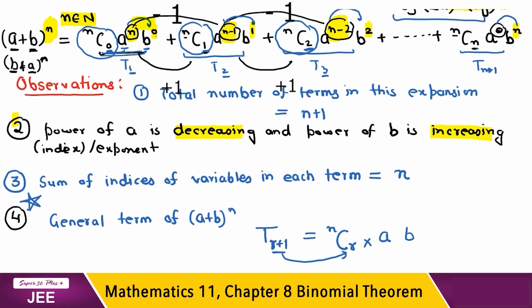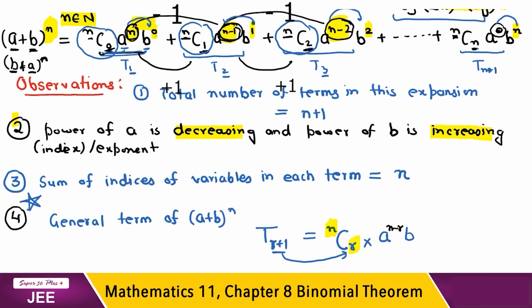As I already told you, what we write in the power of A is the difference of these two, that is, the difference of n and 0. In the second term, A raised to the power n minus 1, which is the difference of n and 1. In the third term, A raised to the power n minus 2, which is the difference of n and 2. In the last term, the power of A is 0, which is the difference of n and n. So in the r-th term, the difference of n and r is nothing but n minus r.